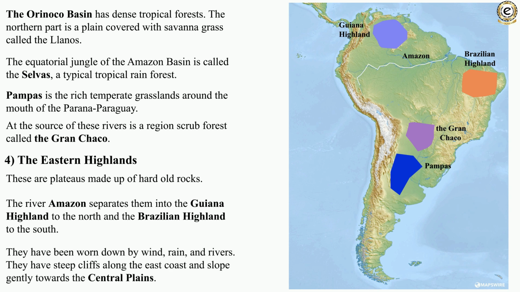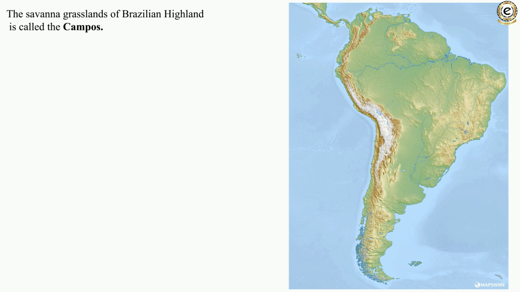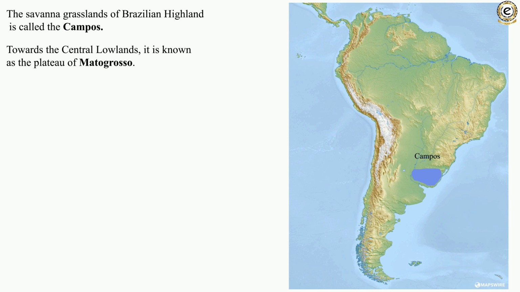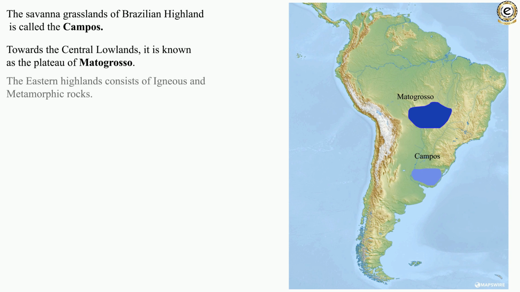They have steep cliffs along the east coast and slope gently towards the central plains. The savanna grassland of the Brazilian highland is called the campos. Towards the central lowland, it is known as the plateau of Mato Grosso. The eastern highlands consist of igneous and metamorphic rocks.